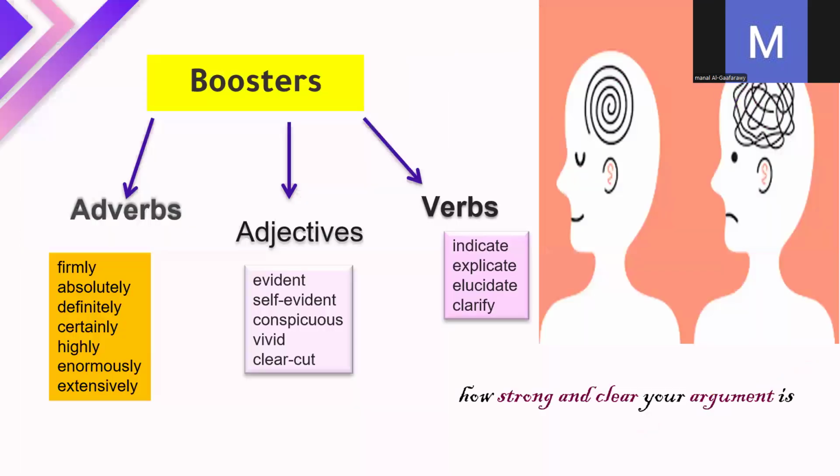So to start with boosters, as we said, are linguistic tools to help demonstrate clarity and show how strong and clear an argument is. And they cover a wide range of word classes. They can be verbs, adjectives or adverbs. For example, indicate, explicate, elucidate, clarify.